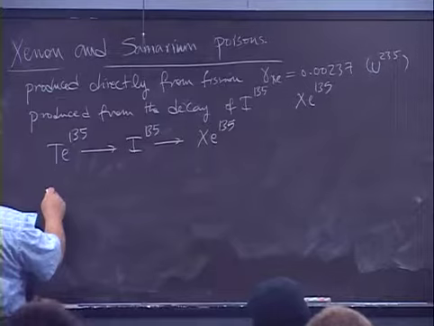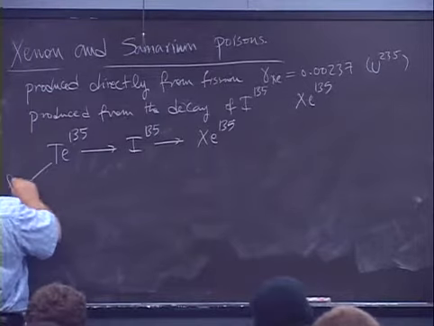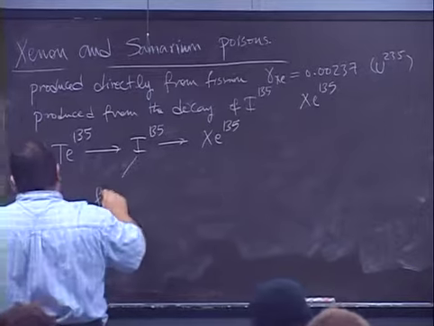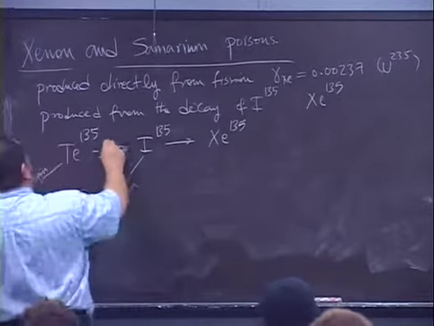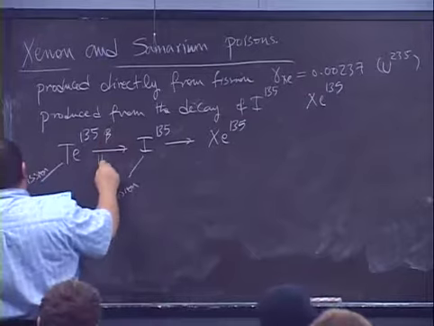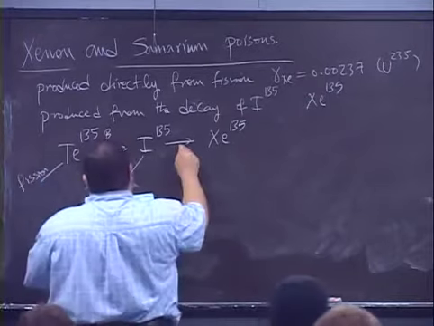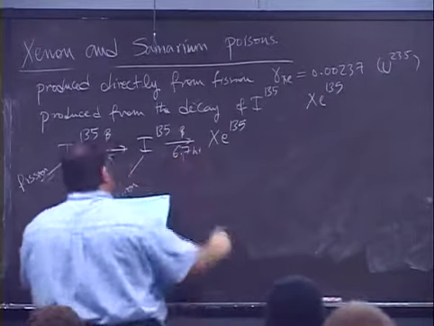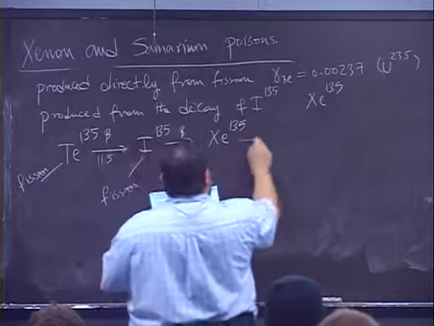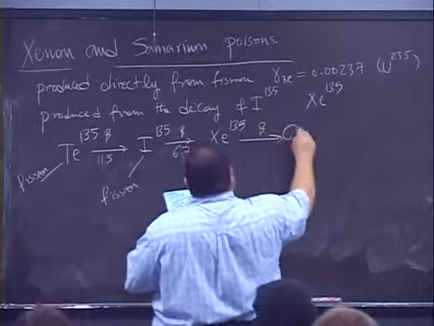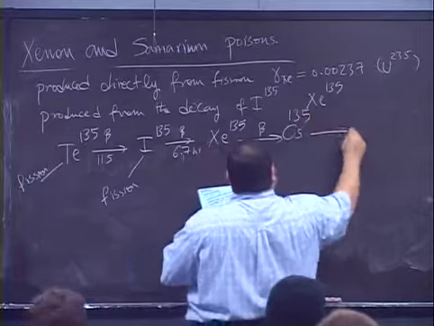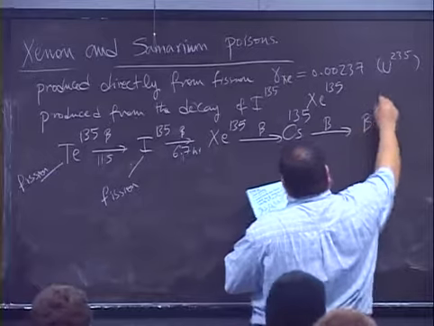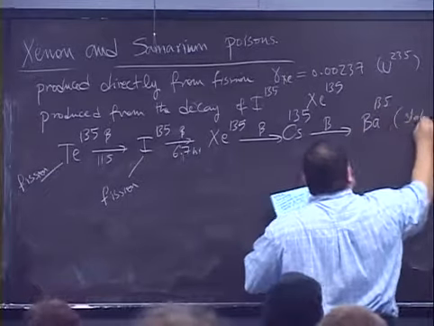The tellurium is produced in the fission, and this also is produced in the fission. The tellurium decays through beta decay in 11 seconds, and iodine decays in 6.7 hours through beta decay, giving you xenon-135. It decays through beta decay, giving you cesium-135, which decays through beta decay to barium-135, a stable isotope.